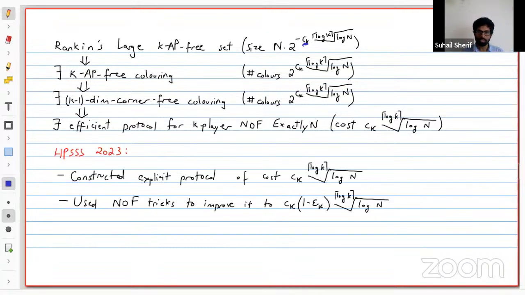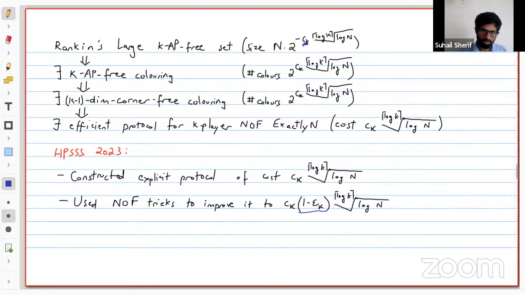And we construct an explicit protocol that matches that cost. And then we use some number on forehead tricks to improve it by a small multiplicative factor here. So we decrease the exponent with it. And this can be seen as a generalization of Green's improvement, but to these problems.